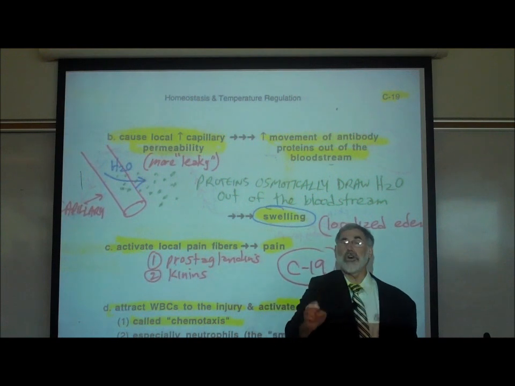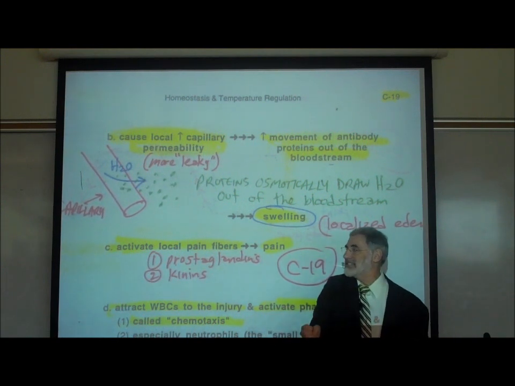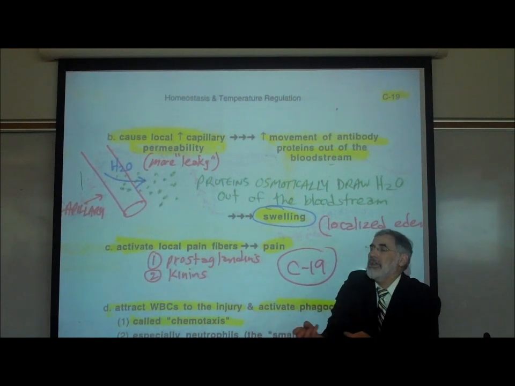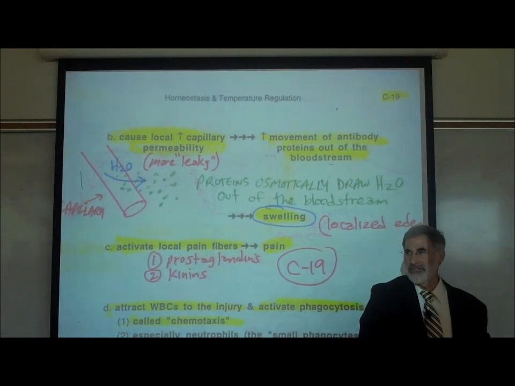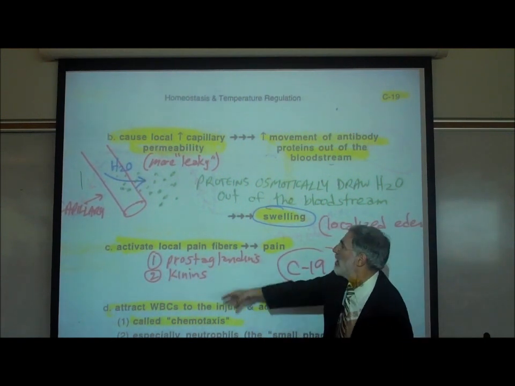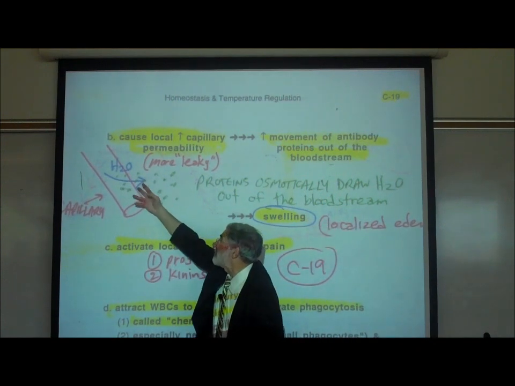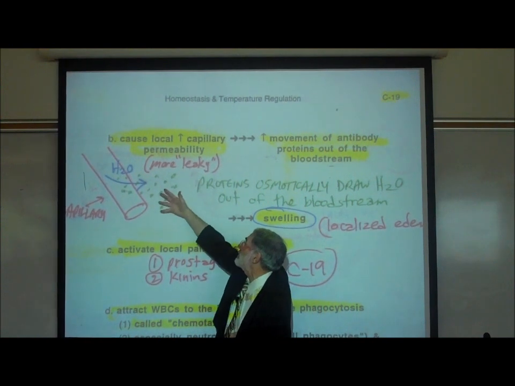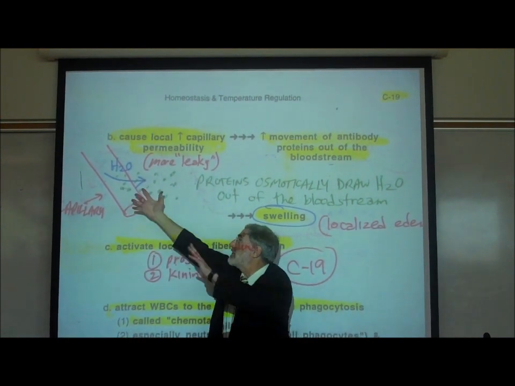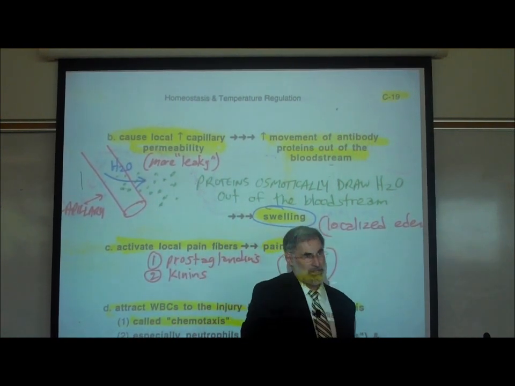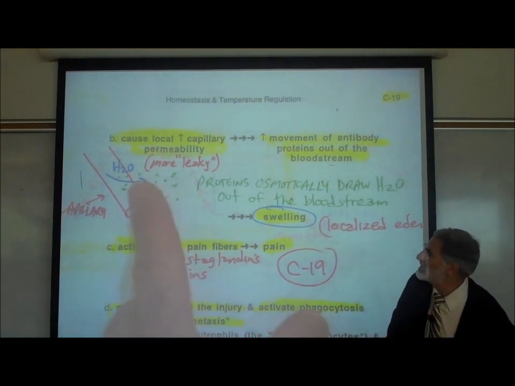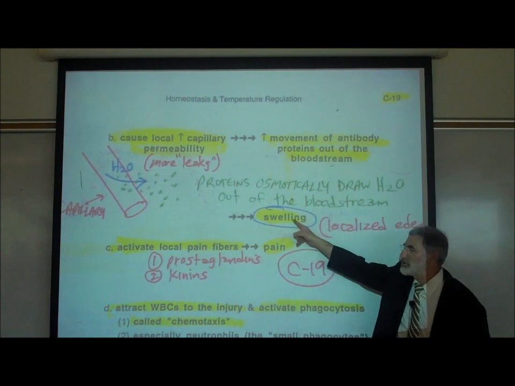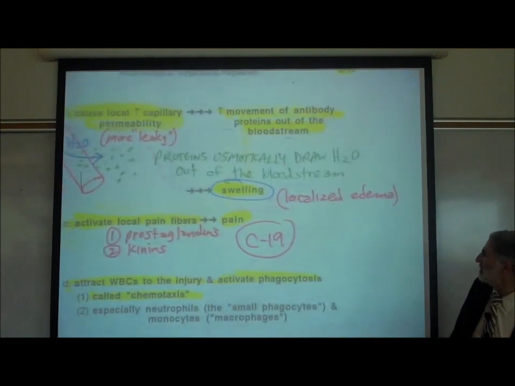When you pour salt on a snail, didn't we say that in a sense, the salt surrounding the snail is drawing the water right out of the cells of the snail? So in this case, it's not salt, but protein. As the protein is moving from inside the vessel to outside the vessel, it's osmotically pulling or drawing the water with it. As the proteins leak out, water follows, causing localized swelling or localized edema.